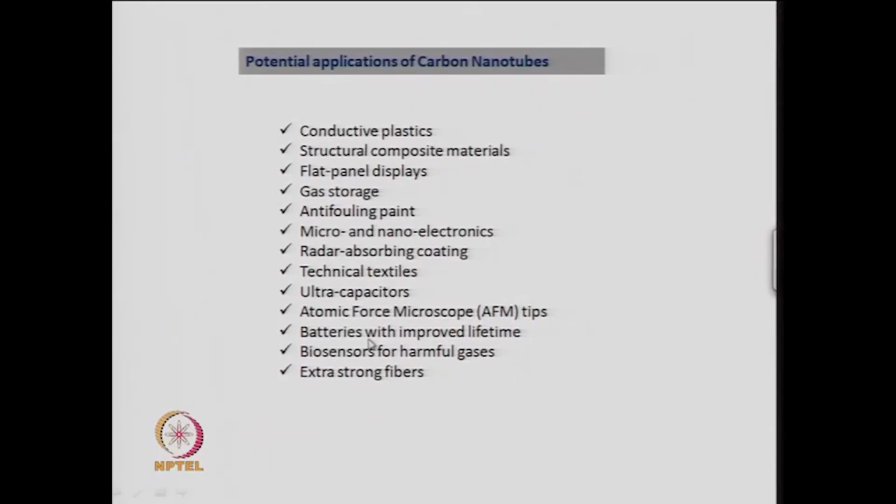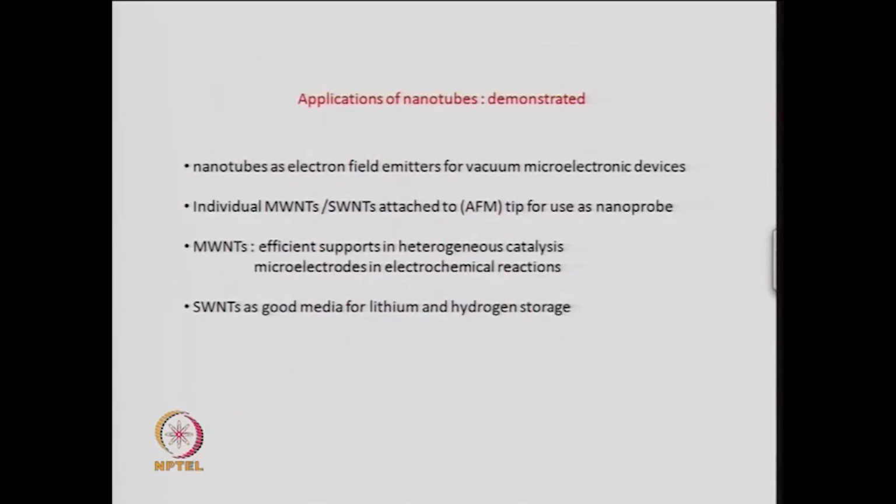Then you can have batteries, like you have lithium batteries made with carbon nanotubes, which have very good lifetime. Then you can do lot of sensing properties using carbon nanotubes. Extra strong carbon nanotubes can be made, much stronger than steel because of its very important mechanical properties.